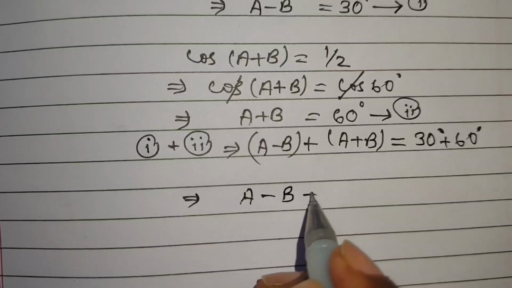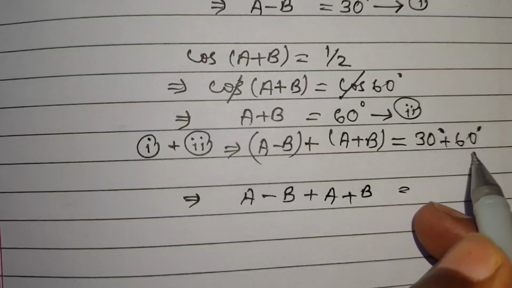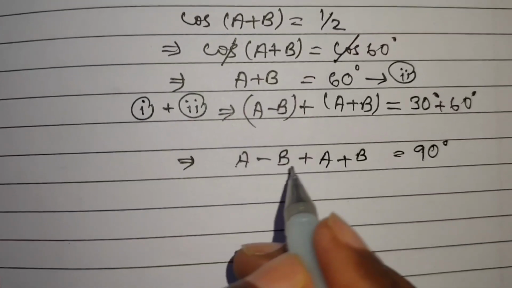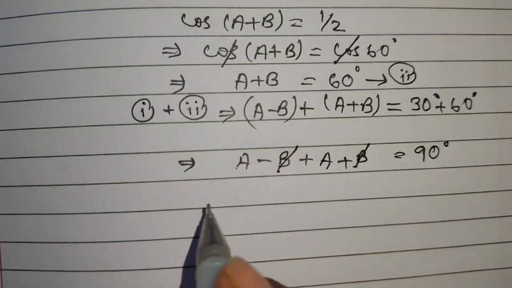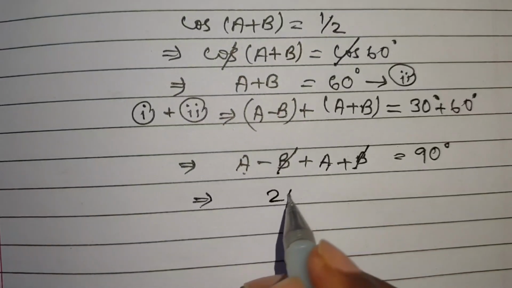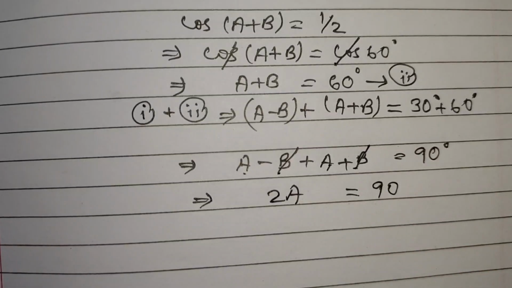Implies a minus b plus a plus b is equal to 90 degree. b cancels, 2a is equal to 90 degree.